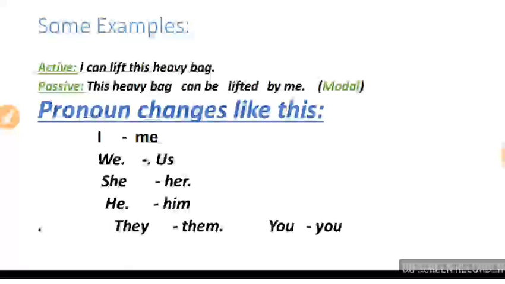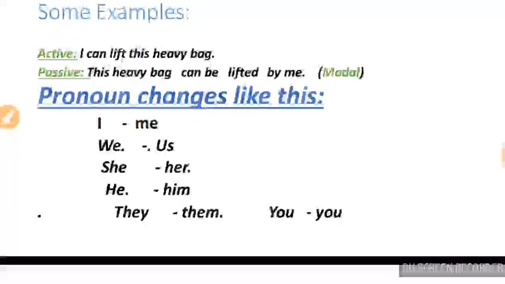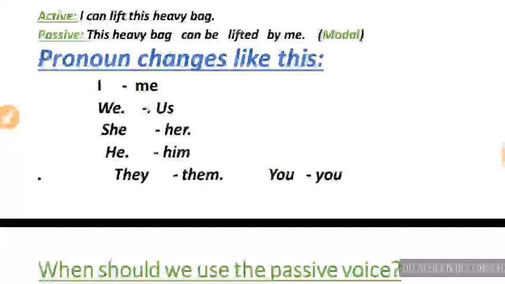This heavy bag can be lifted by me. Pronoun changes like this. I changes into me, we changes into us, she changes into her, he changes into him, they changes into them, you remains you.